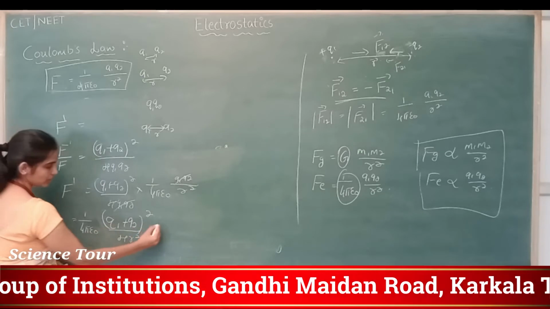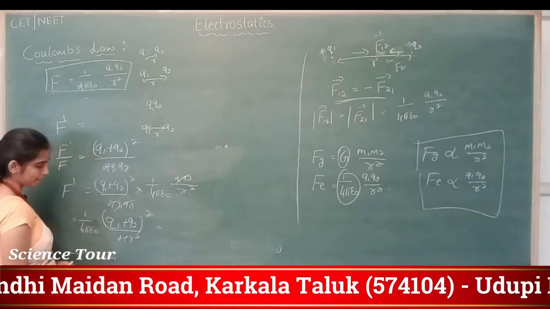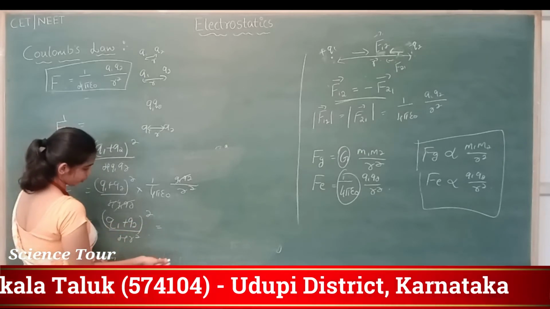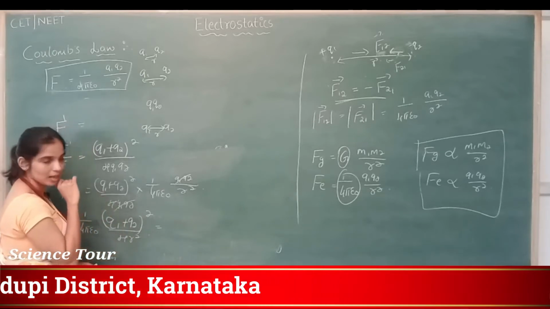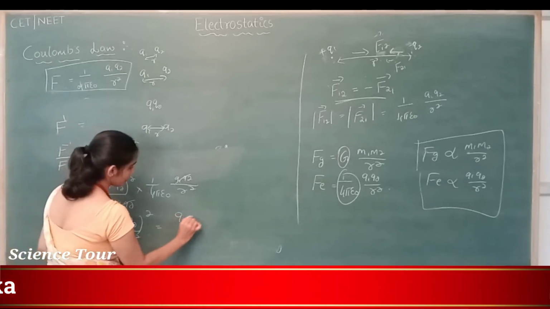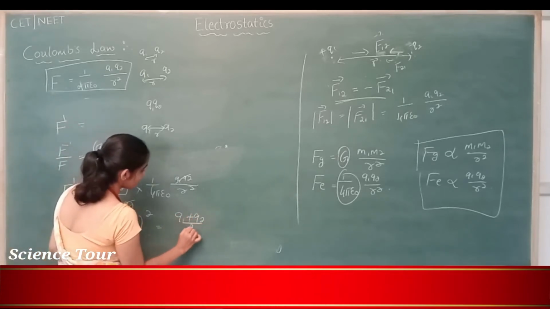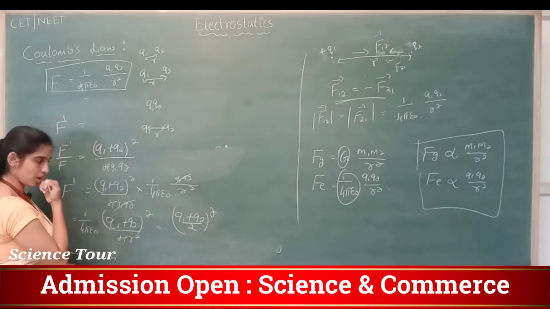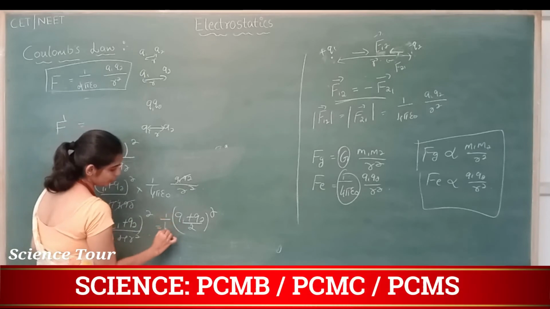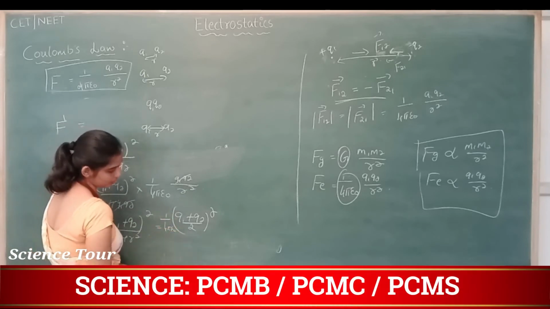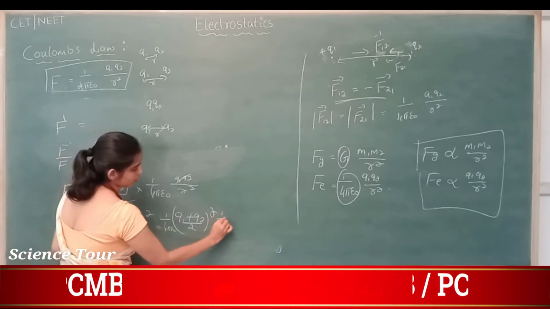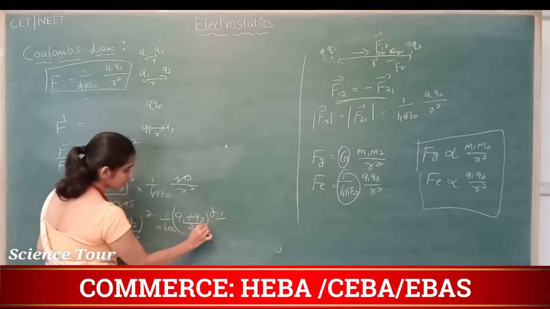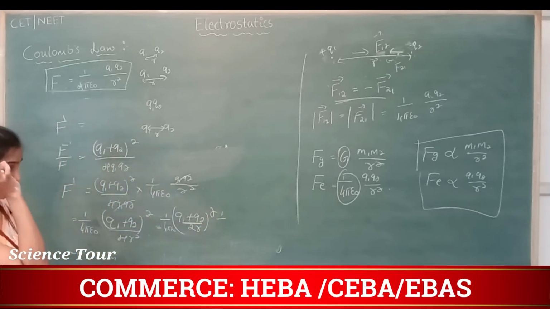What is this? Q1 plus Q2 whole square. Can you write it as Q1 plus Q2 by 2 whole square, 1 by 4 pi epsilon naught into 1 by r, or by 2r whole square, correct?